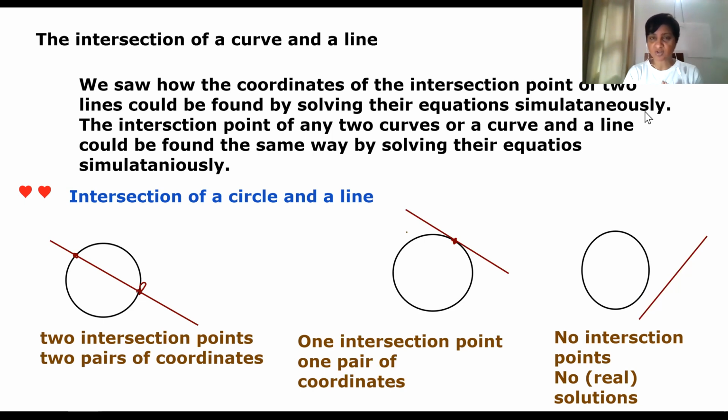When you solve the equation of a circle and the equation of a line, there too you get a quadratic. Same thing as a parabola and a line. When you substitute, you get a quadratic, and the discriminant of that quadratic will again tell you how many points of intersection.